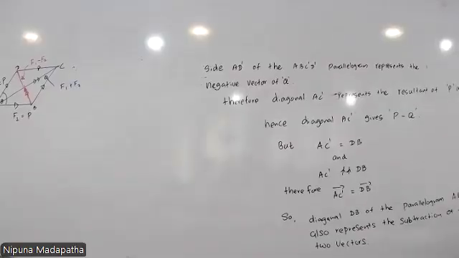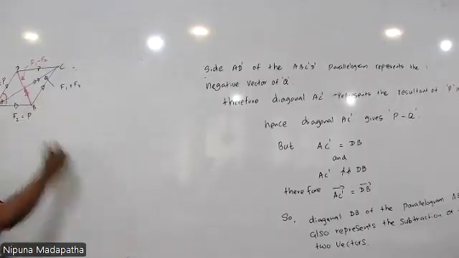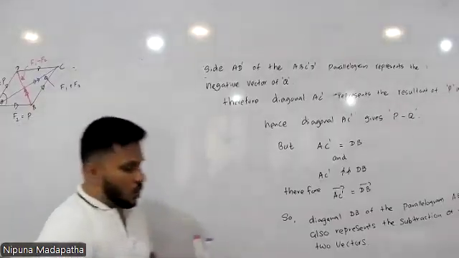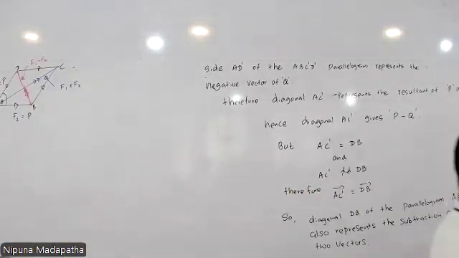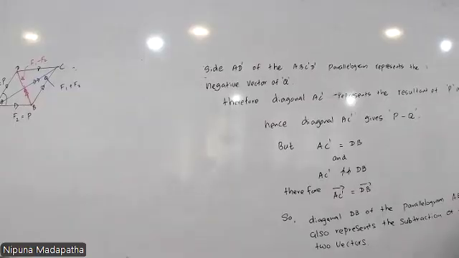Now the question is, how do we find the length of AC and BD? That's where your mathematics knowledge is needed. Right? So what type of parallelogram is this? It is a rhombus.